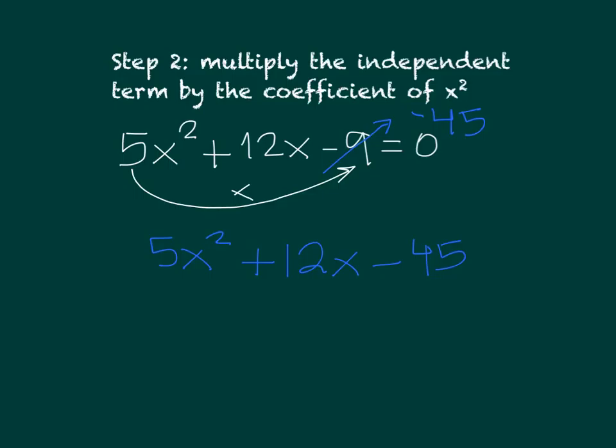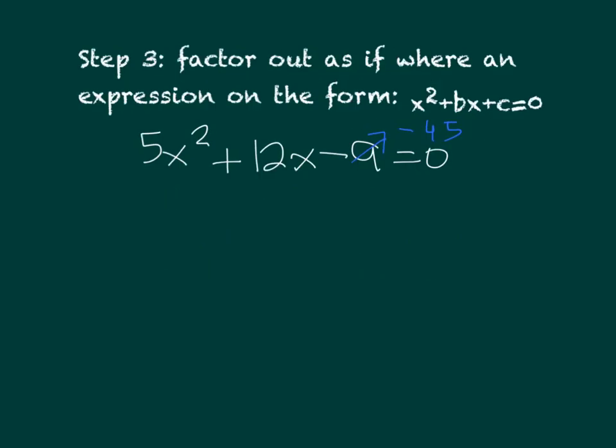The second thing you have to do is to factor out this expression into 2 binomials with a common term. And the most important thing here is that you convert an expression on the form ax squared plus bx plus c into an expression on the form x squared.